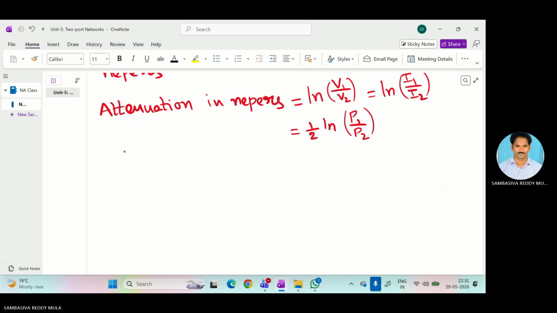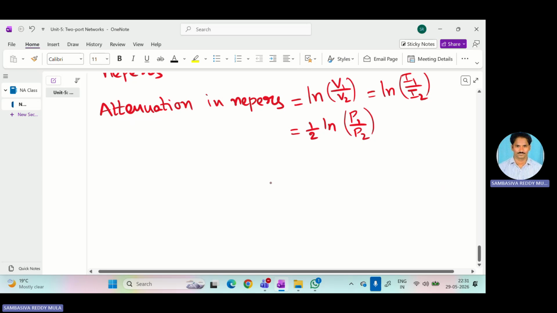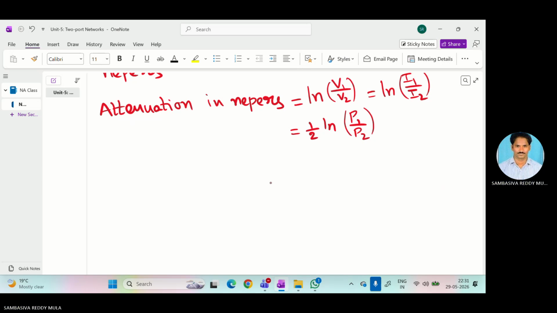So there is a relation between Nepers and dB. Sometimes in a problem they may give the values in Nepers, or usually we get the input power or output power in watts, but they may give power in dBs also sometimes, or the attenuation in dB. So this attenuation in dB can be converted into Nepers.